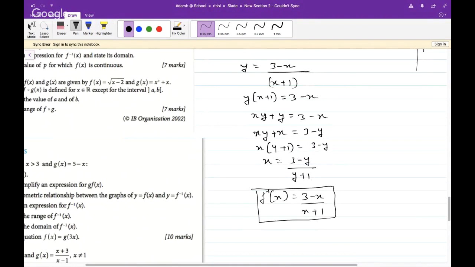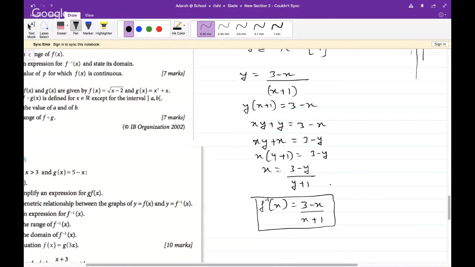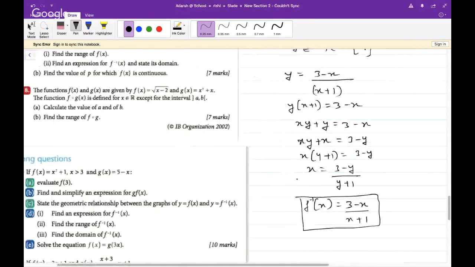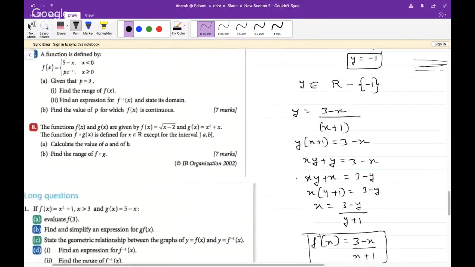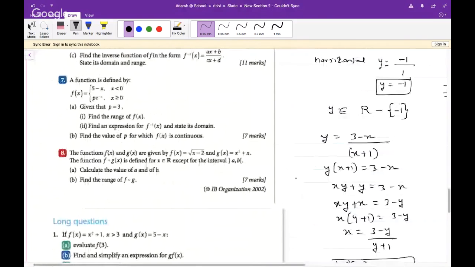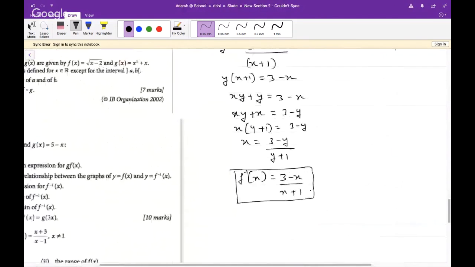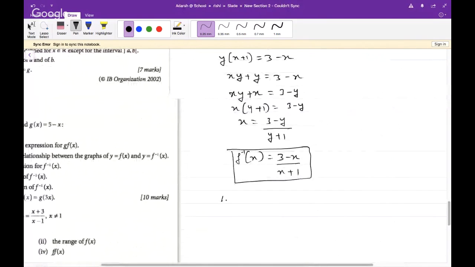Look at this function and this function. They are exactly equal. Where we started, we end up at the same place. Now the domain is all x except where it does not exist, x equal to minus 1.